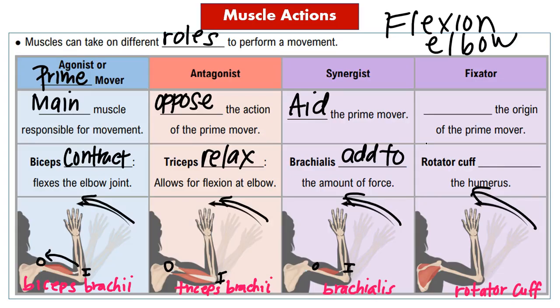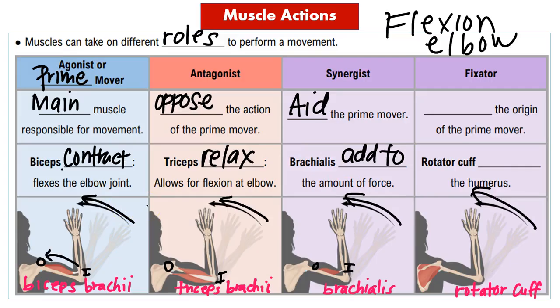But most of the time, everything's working as a synergist and a prime mover together. So brachialis can be considered a prime mover as well, because again, it was causing flexion at the elbow. And of course, the biceps brachii can also be a prime mover because again, it's contracting to flex at the elbow. So the fact that the brachialis is going to add to that contraction by strengthening what biceps brachii does, they both can be synergistic to one another.